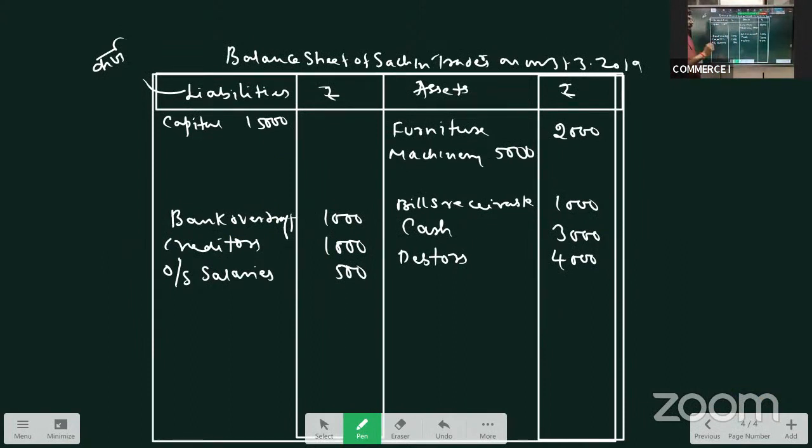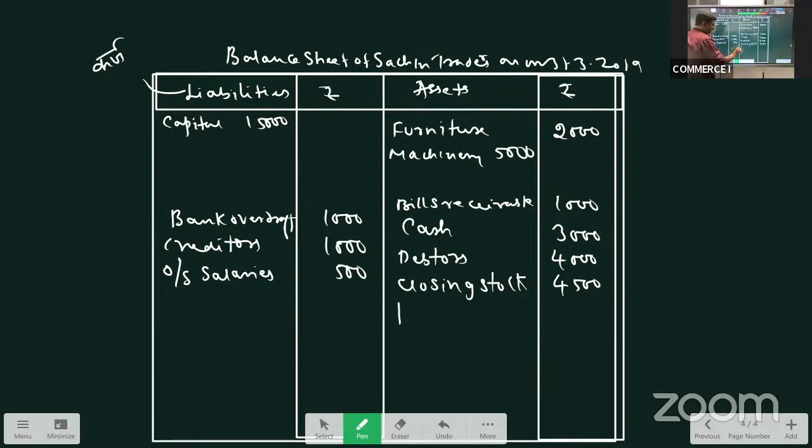Closing stock. Closing stock once we have taken in the trading account on the credit side, and then again now I will show it as an asset. Closing stock 4,500. Next, prepaid insurance.